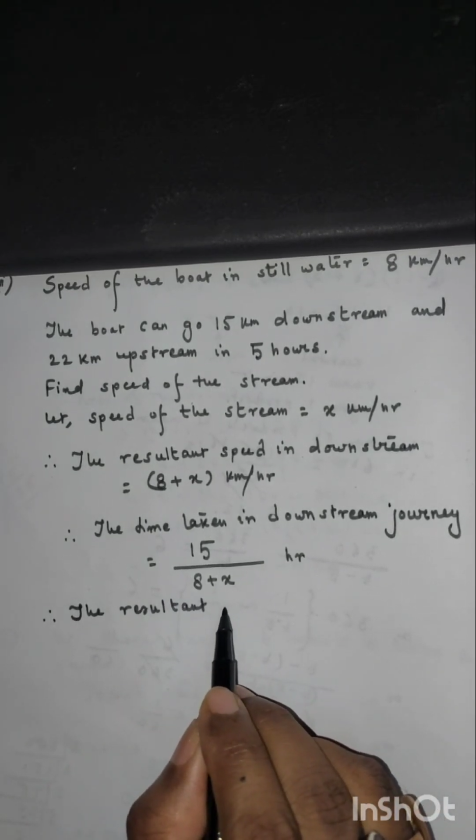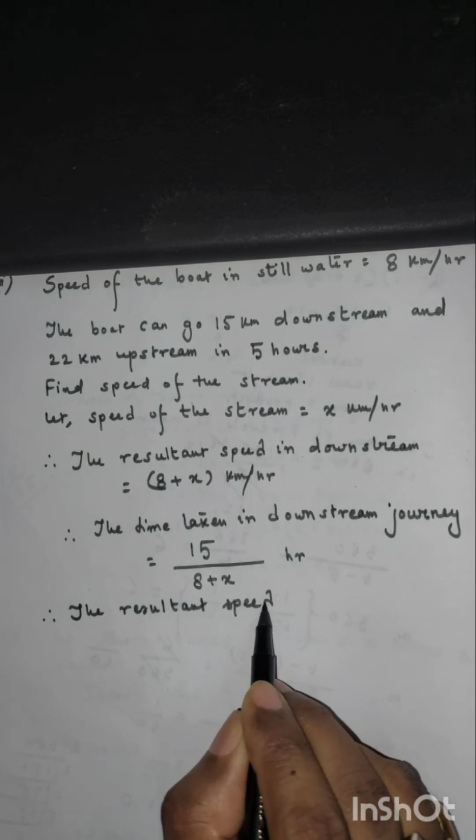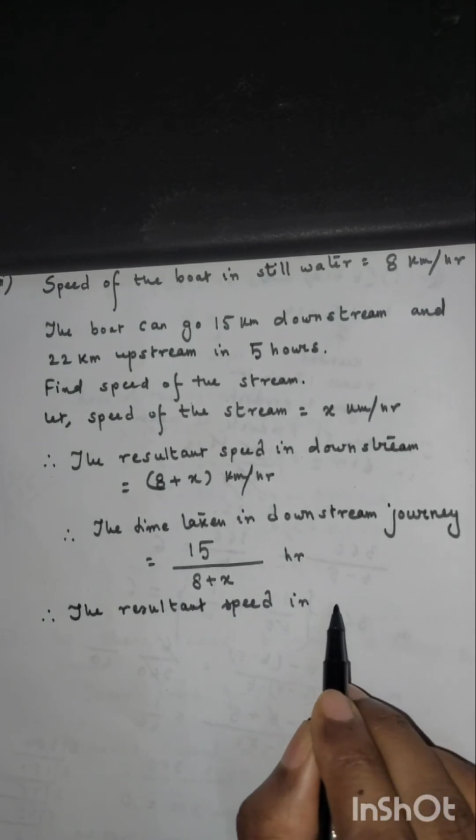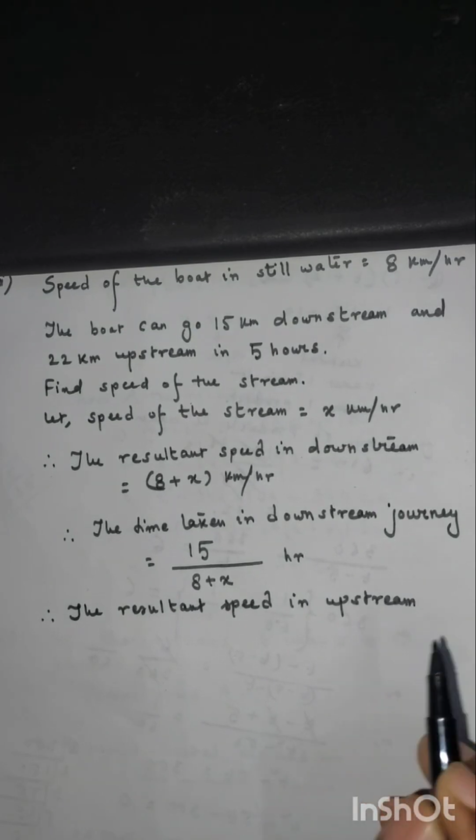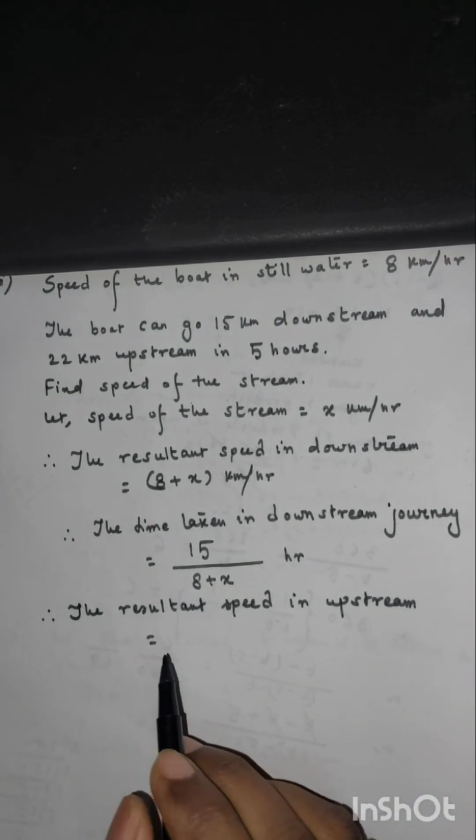Therefore the resultant speed in upstream equals 8 minus x.